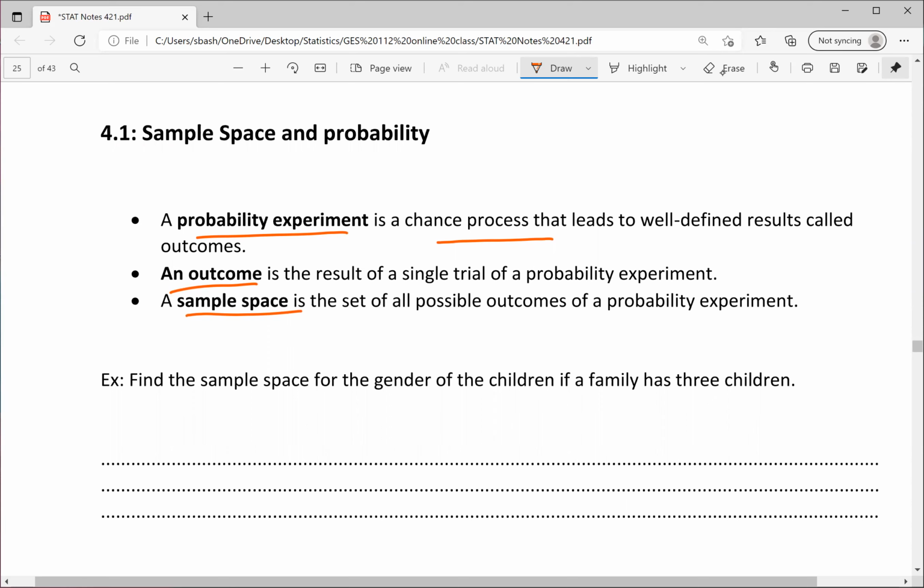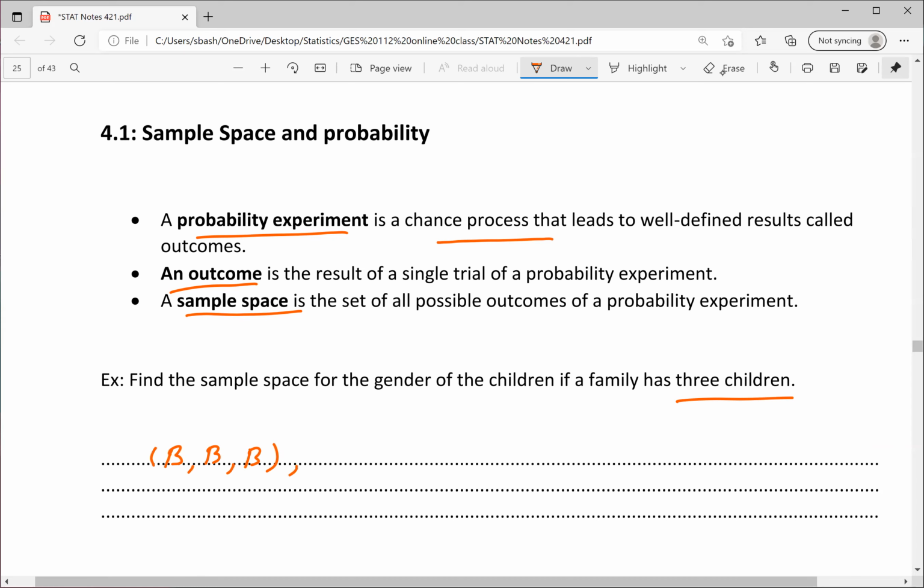Now for this family, the first kid might be a boy. They have 3 children, so I will have a couple with 3 kids. The second one might be a boy. The third one is a boy. So this is one outcome.